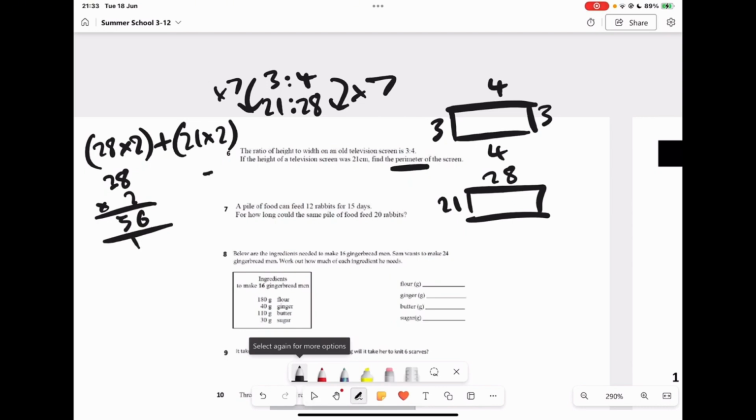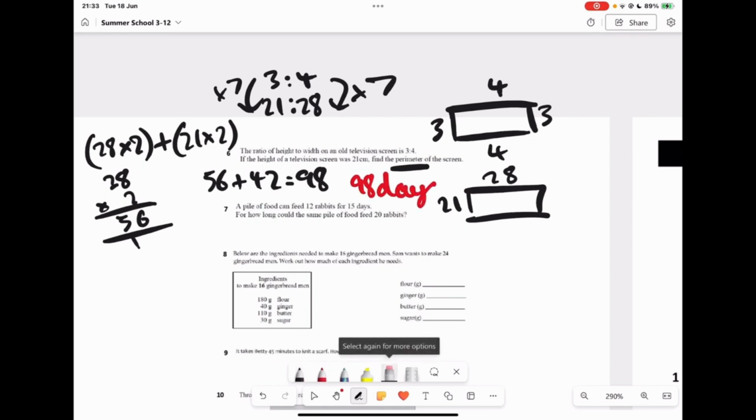So we can do 56 plus 42, which will equal 98. So this will be 98 days. Or not 98 days, 98 centimeters.